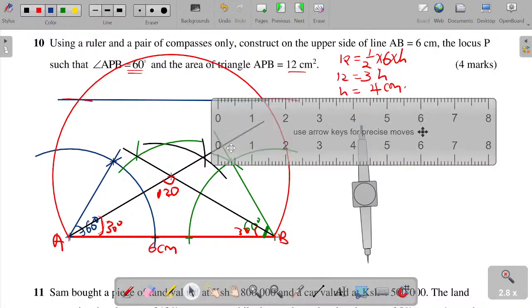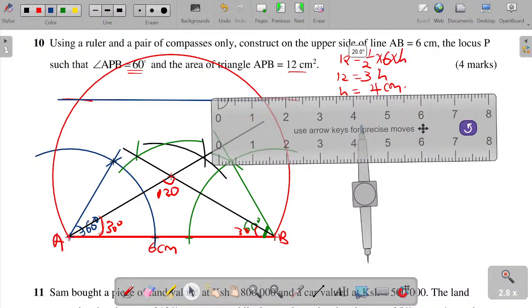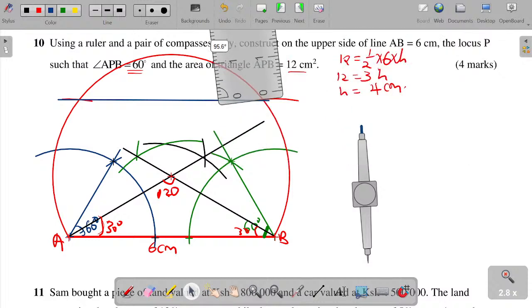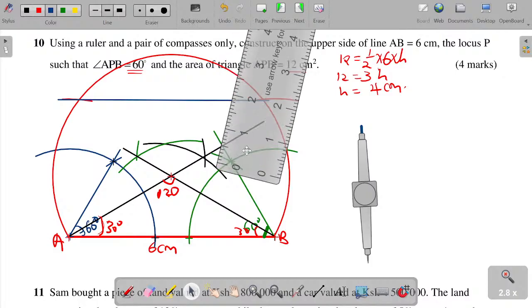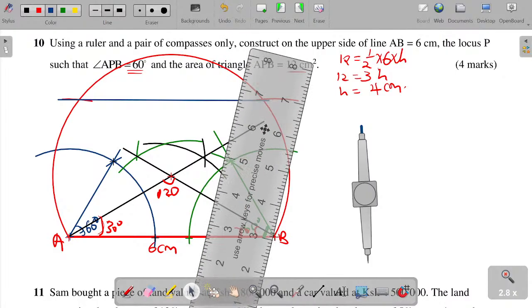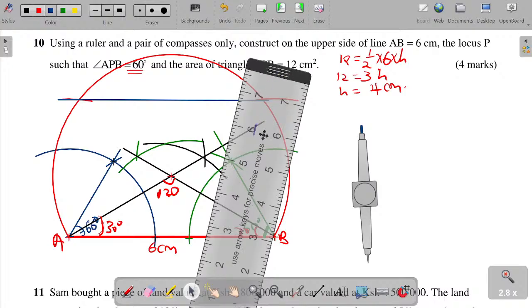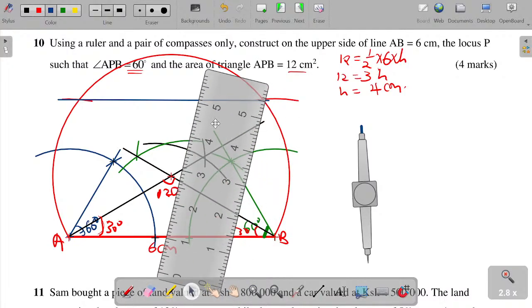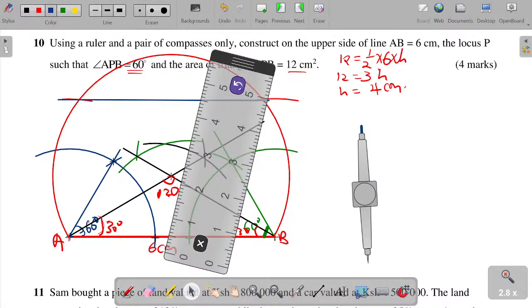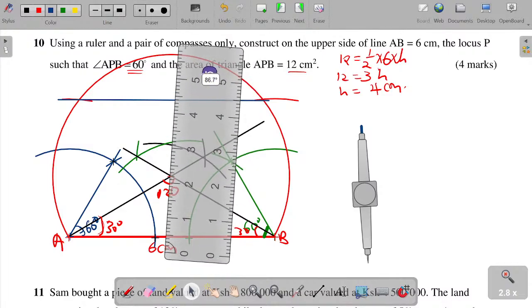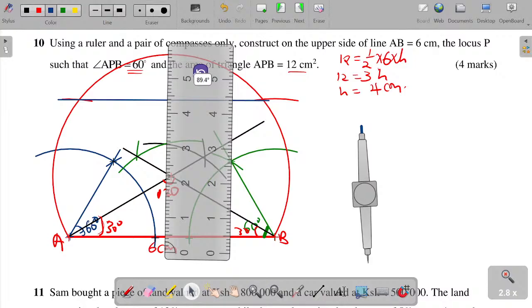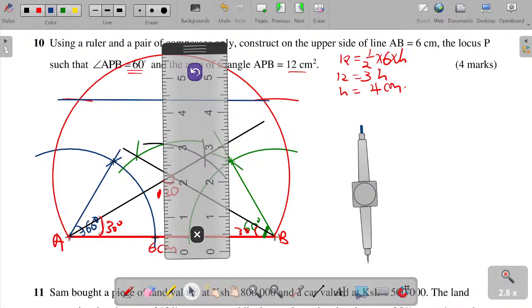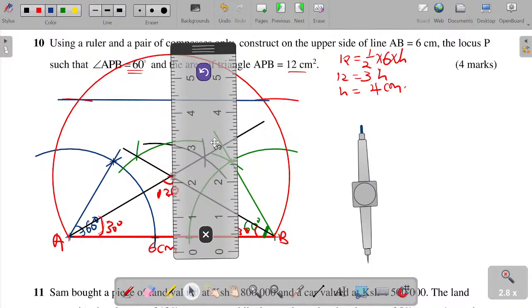When you look at now this distance, let me just rotate it.